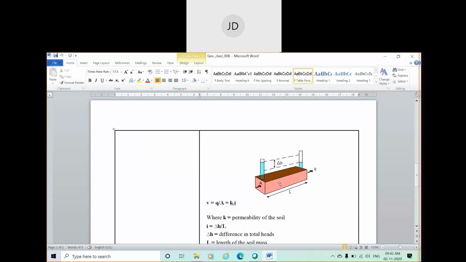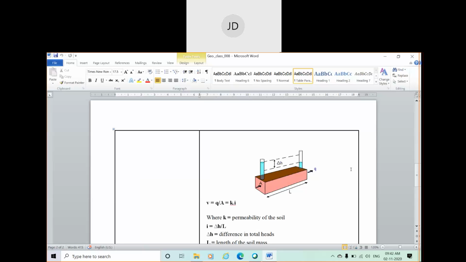Suppose this is a soil mass, this rectangular structure. This three-dimensional drawing represents a soil mass having length L and a cross-sectional area, which is represented by capital A. Water is flowing from this direction to this direction.